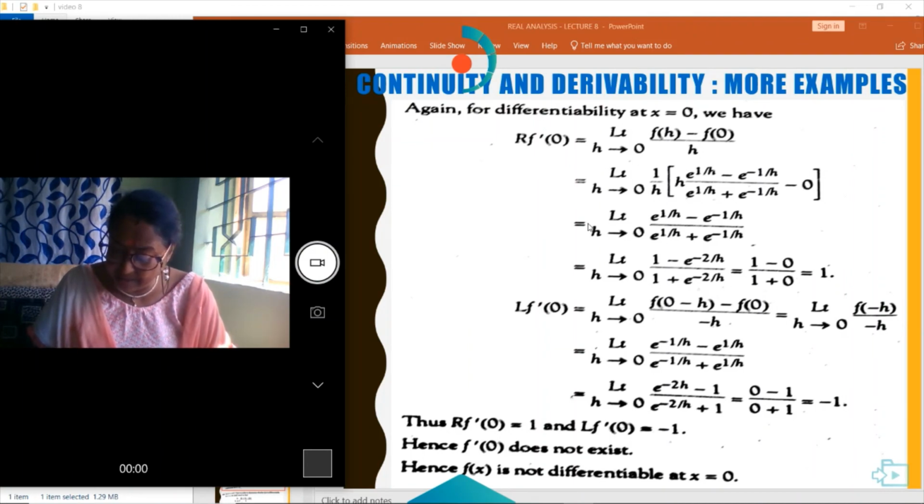Since the right hand limit is not equal to the left hand limit at x equal to 0, f'(0) does not exist. Hence the function f(x) is not differentiable at x equal to 0, but it is differentiable and continuous at x not equal to 0.